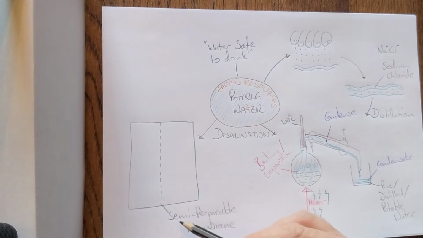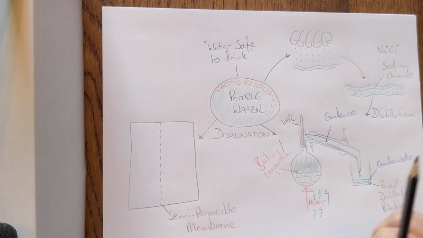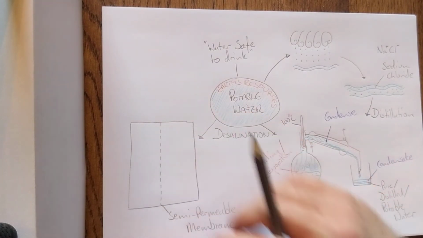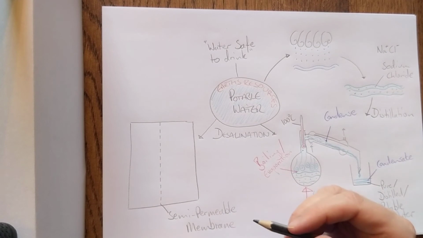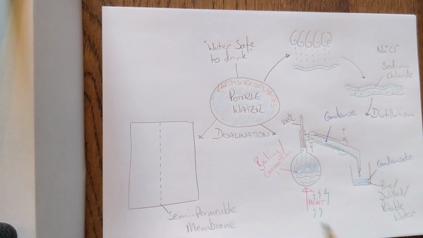Semi obviously means half or partial. Permeable means that it can permeate, and permeate just means that stuff can pass through it. So semi-permeable just means that some things can pass through it, but not others. A membrane is just like a thin layer or divider.